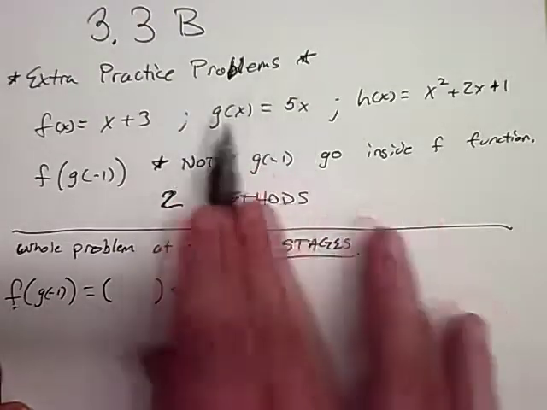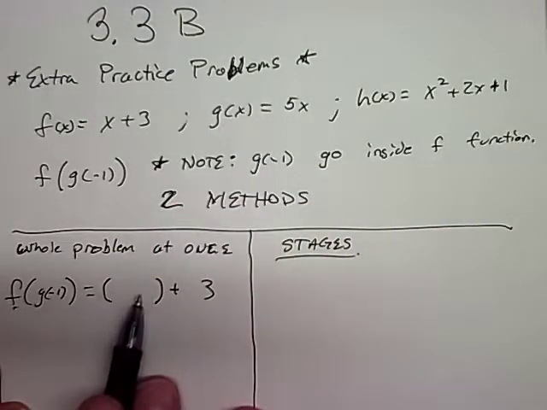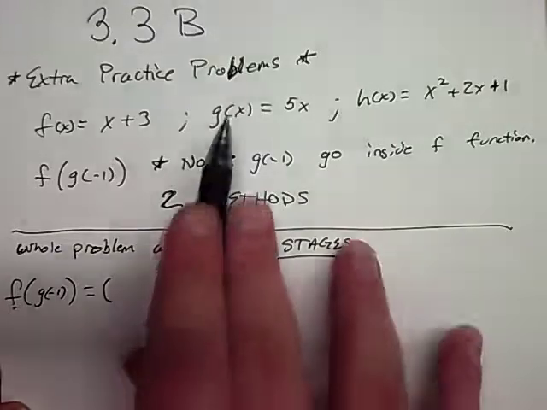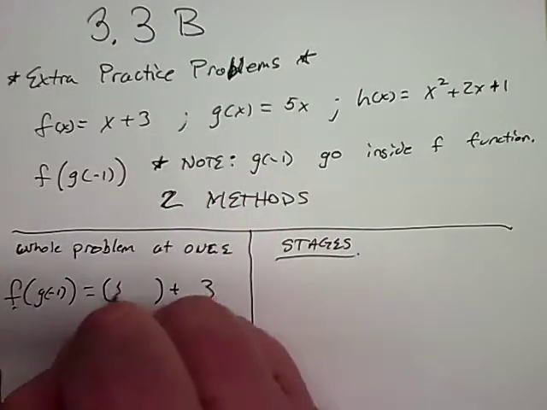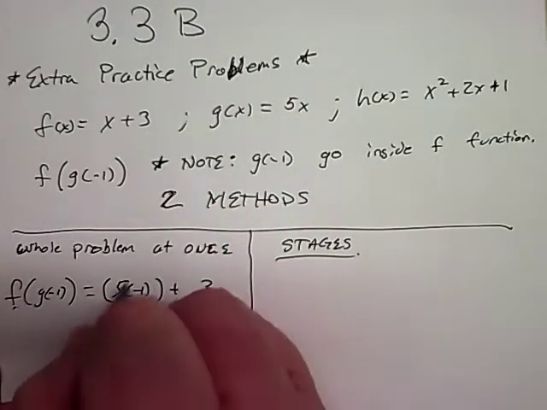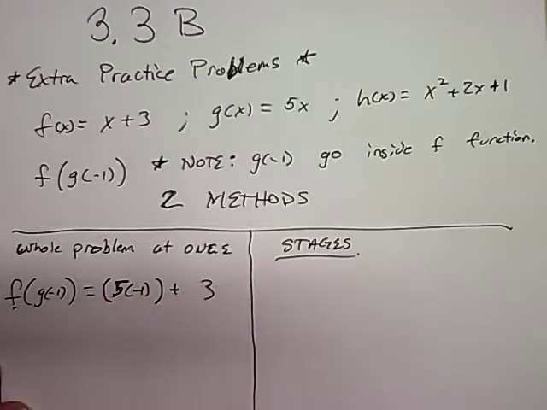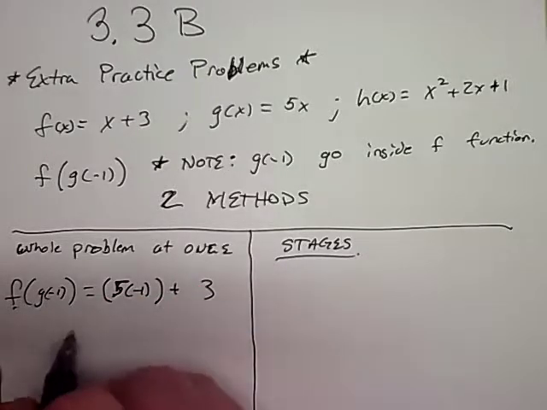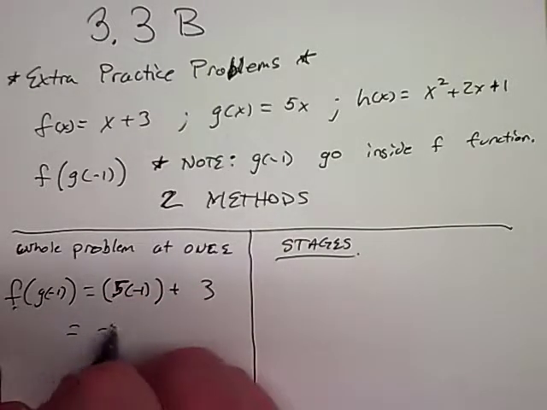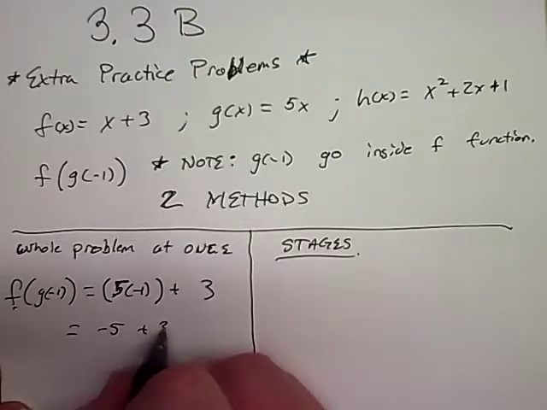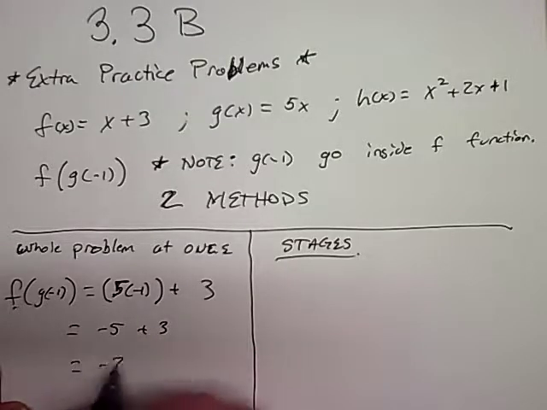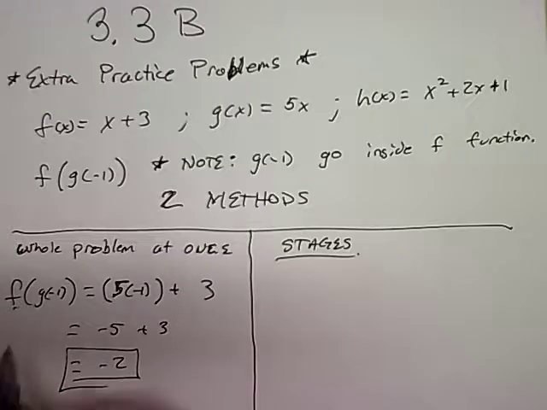And now g of -1 is going to go in here. Well, g of -1 would be 5 times -1, like so. And now we can simplify. 5 times -1 is -5 plus 3, and -5 plus 3 is -2. So that means f of g of -1 is -2, right?